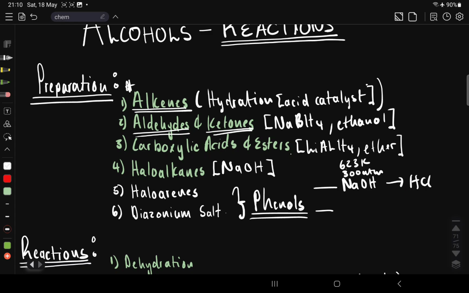Okay, now what about for diazonium salt? We start with an amine, so we're going to start with something called aniline. Aniline is a type of an amine where you have an amino group NH2 attached to a benzene, gives you aniline. And then when you have aniline, what you're going to do to it is you're going to add these 2 guys, NaNO2 and HCl.